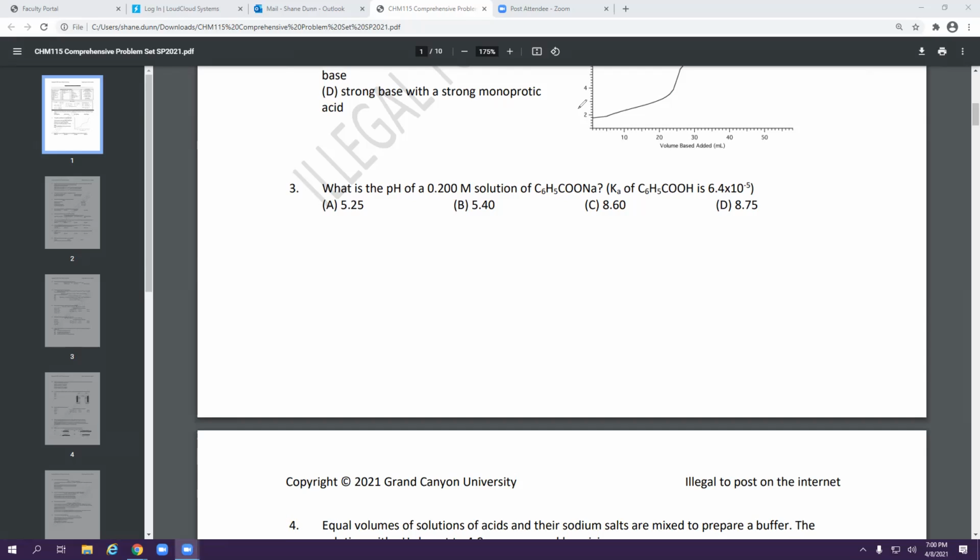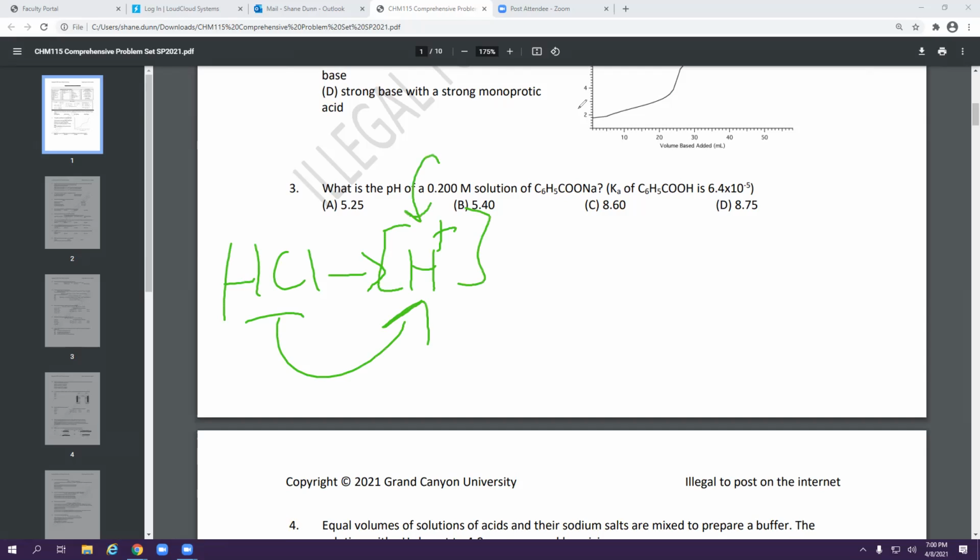If you have a strong acid, what do you do immediately? What's a strong acid do? Dissociates 100%, right? Which means, for example, hydrochloric acid, whatever concentration I start with will be the H concentration here, right? Which means I can just take the negative log of my H concentration and I should get the pH of the acid.